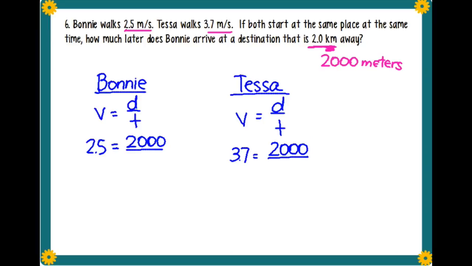So I could solve both of these equations for t. I can find Bonnie's time, and I can find Tessa's time. So this is not like those Harry Larry problems. I'm using a lot of t because it stands for time, but these are not the same time. This is not a system of equations. I can solve this and get Bonnie's time, and I can solve this and get Tessa's time, and then I can easily answer the question.